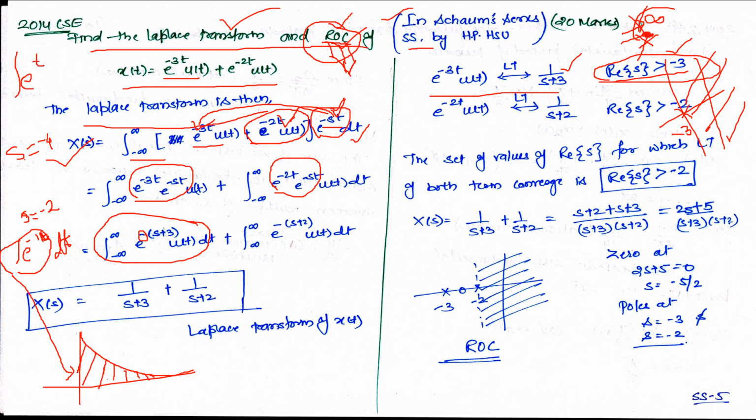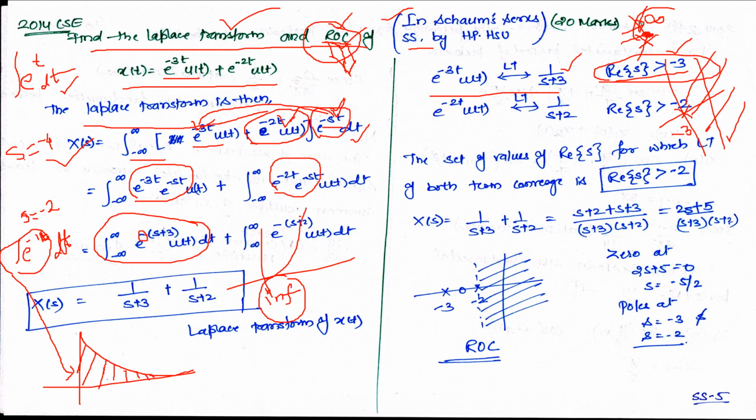Now e power t is a rising function. It will look something like this, and what will happen because of that? If you look at the region of convergence here, the area under the curve is not a finite value, it is an infinite value. So the area under the curve in this case is infinite when you are looking at e power t dt, and hence the region of convergence cannot be to the left of minus 3.